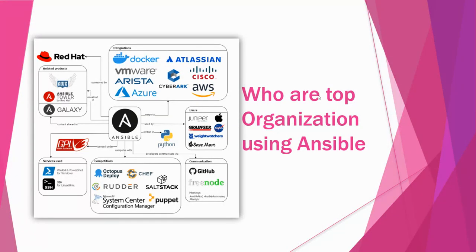After cloud technology came into the market, NASA felt they should switch to AWS. So they wanted a fail-proof tool to migrate all their applications from on-premises, that is their own data center, to AWS. So they used Ansible for that.